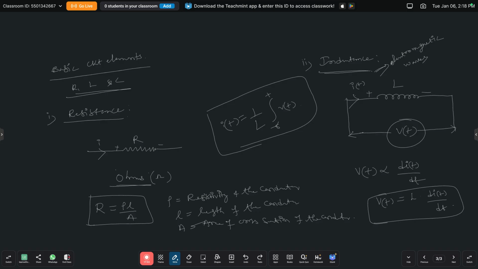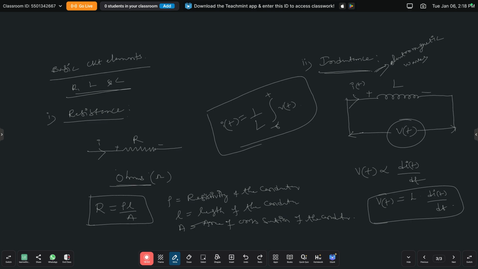Inductance is nothing but an element where the energy can be stored in the form of electromagnetic waves. Let us consider this is one of the inductances. Here the current flowing through the inductance is I of t and the voltage across the inductance is V of t. For an inductance, the voltage across it is directly proportional to the rate of change of current, that is V of t is proportional to di of t by dt.